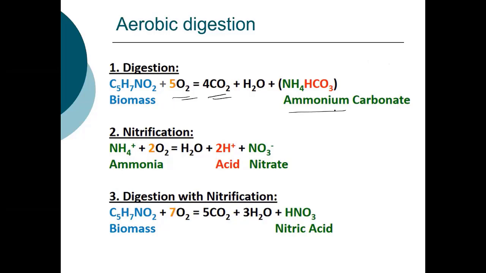So we take that nitrogen from the biomass and convert it to ammonium ion. This tends to result in an increase in pH. We use oxygen, we produce CO2. Nitrification, we're looking at taking the ammonia that we produce.